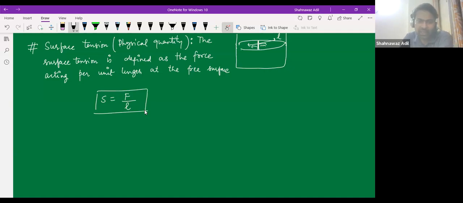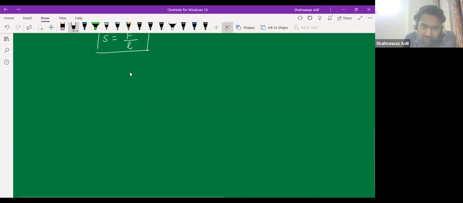And let's say you have a wire, right? You have this kind of wire whose length is a, and then you bring a thin film. So if you put it in water, then the thin film will be created.